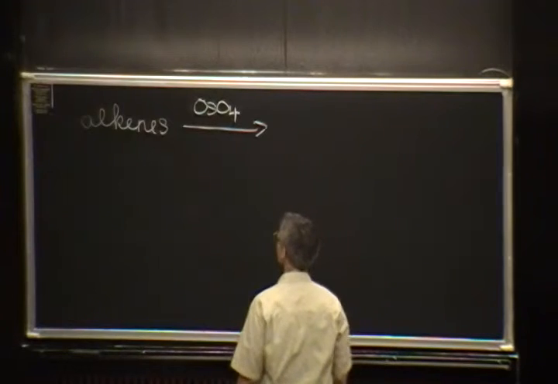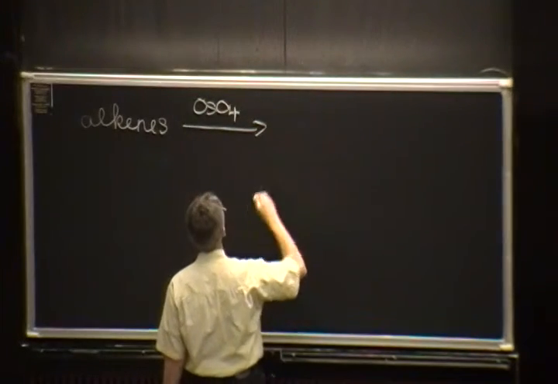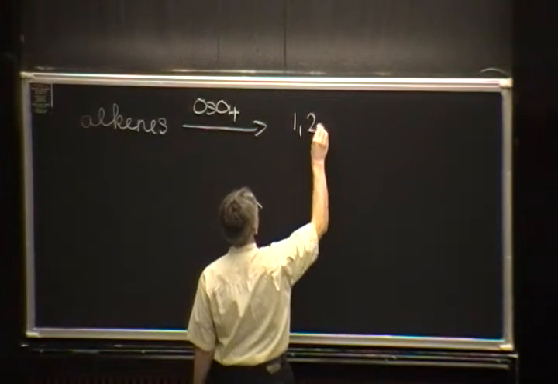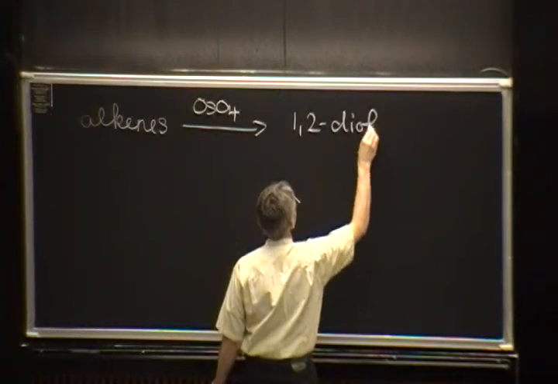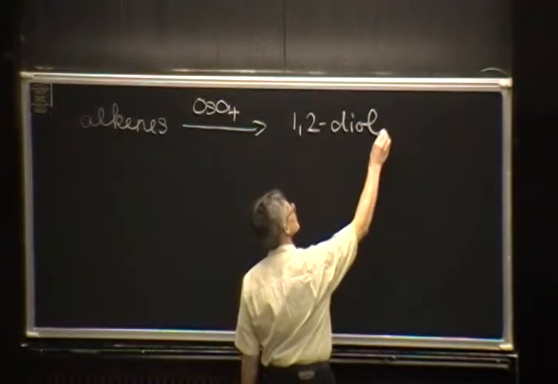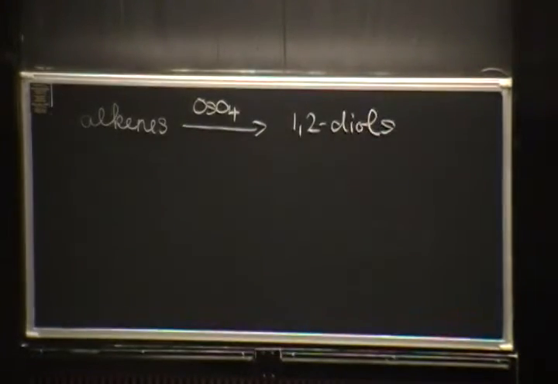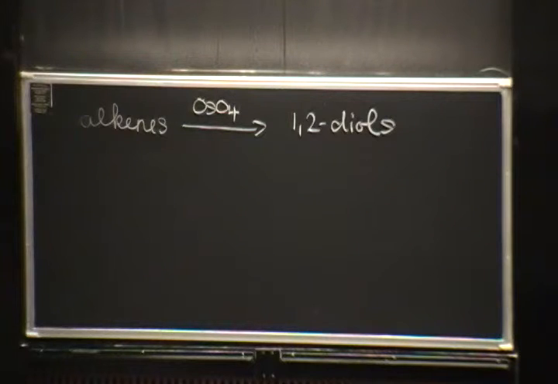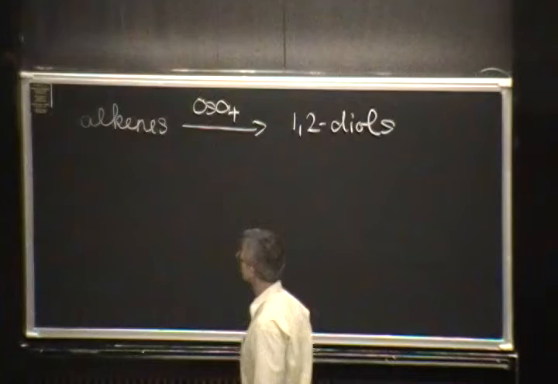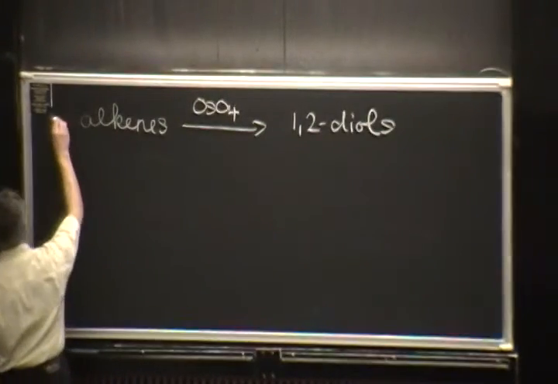And we'll see very similar mechanisms in the next two oxidative conversions. But just to summarize, what you get from the treatment of an alkene with osmium tetroxide is the 1,2-diol. And again, the hydroxy groups are from the same phase of the alkene. It's a syn addition across the alkene.